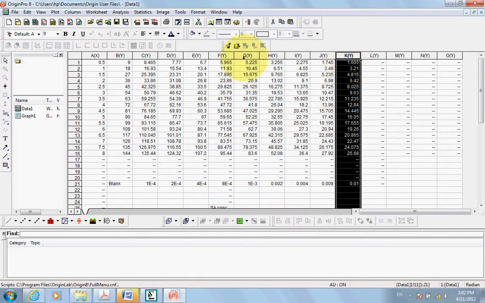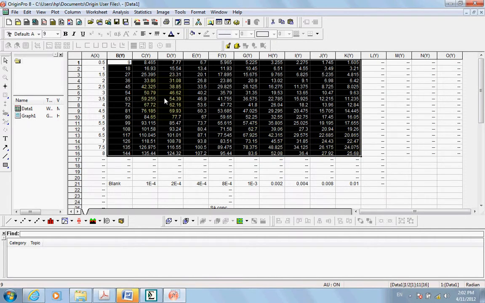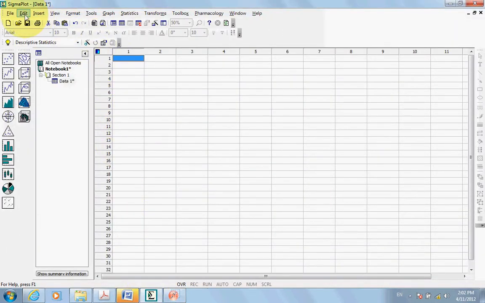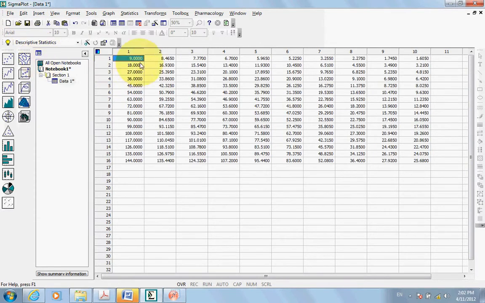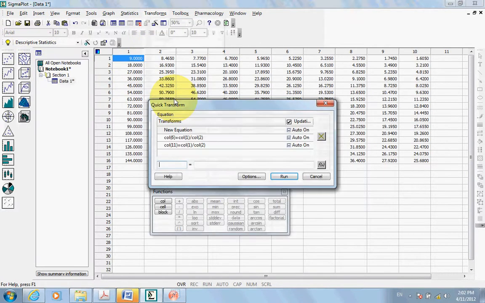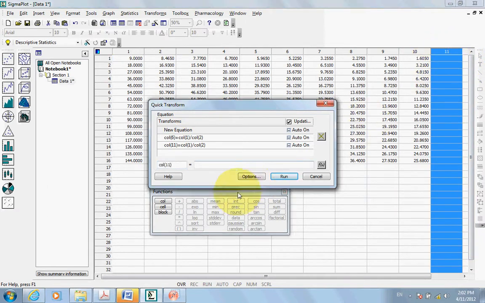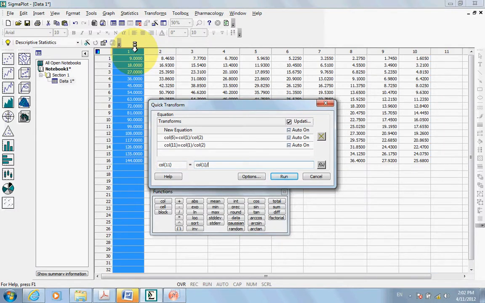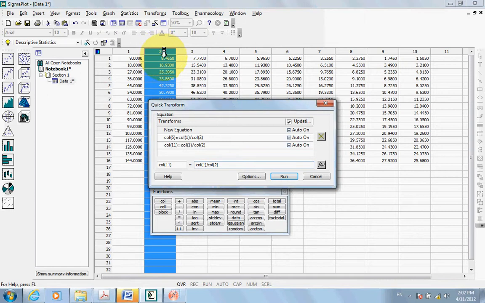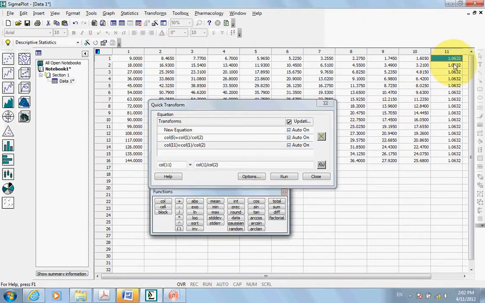We will examine these data by copying the y-axes into a program called SigmaPlot. We will do a simple math calculation and put the results in column 11. If we divide column 1, which represents y1, by column 2, which represents y2, we get a constant value, 1.0632, and this value is repeated for the 16 points on each curve.